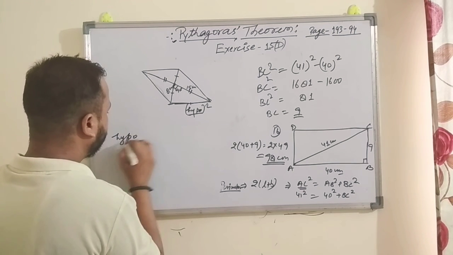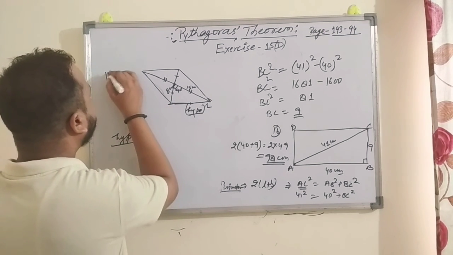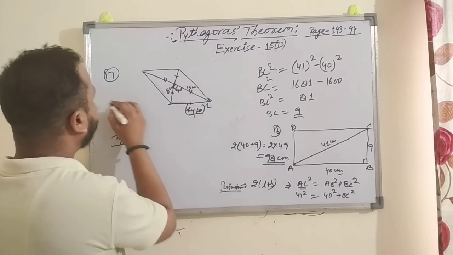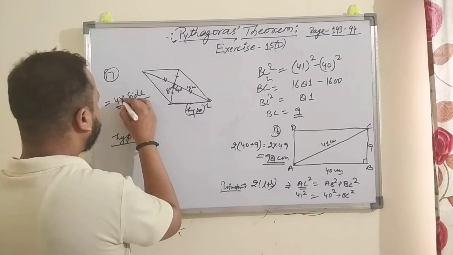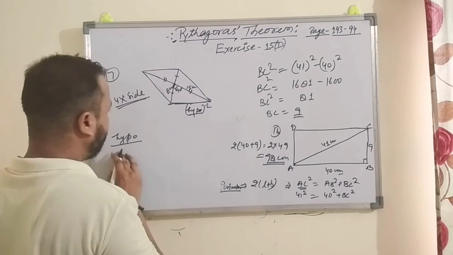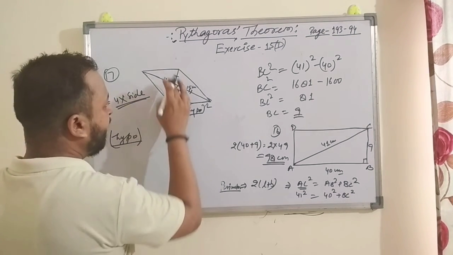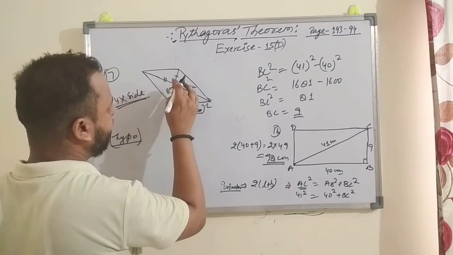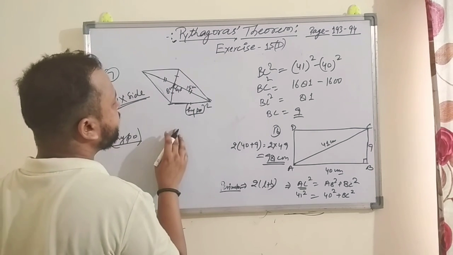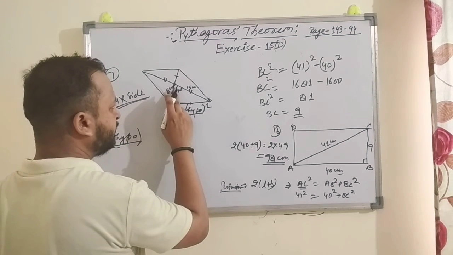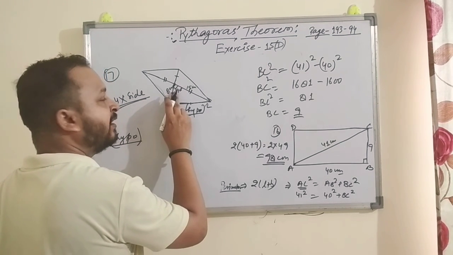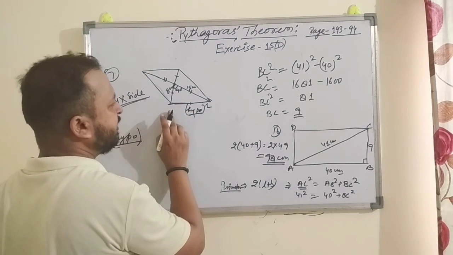First, because we have to find out the perimeter of this rhombus, the perimeter of the rhombus is 4 into side. So first we have to find out the length of the side. And if the diagonals intersect at 90 degree, it means they bisect perpendicularly, so a 90 degree angle is formed where they bisect.